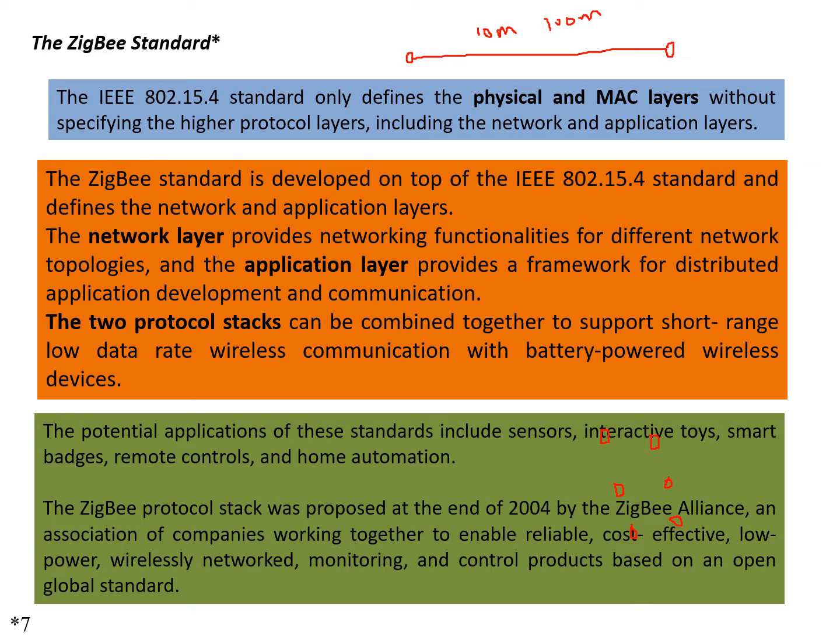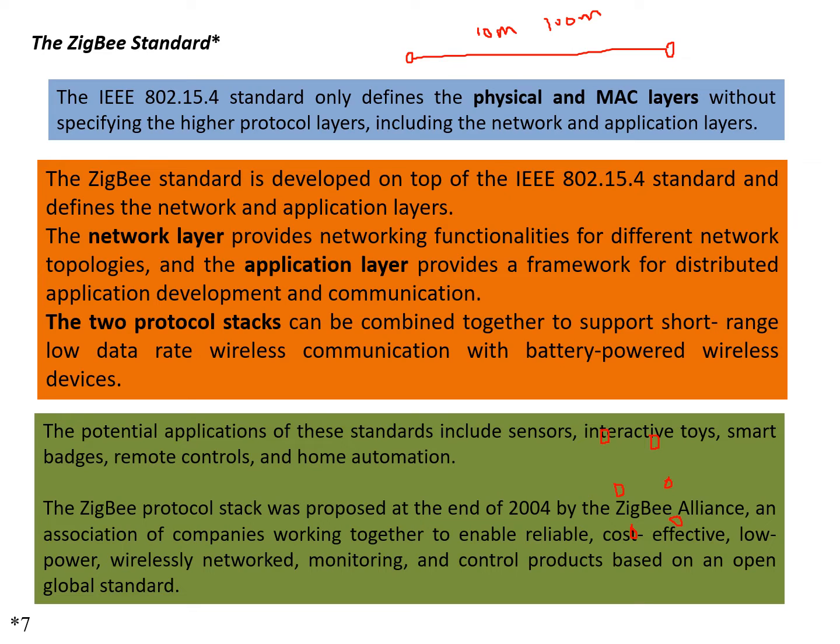So ZigBee communication is specially built for control and sensor networks on IEEE 802.15.4, and as you know, ZigBee supports wireless communication. Whenever there is wireless communication, some carrier frequency will be used.